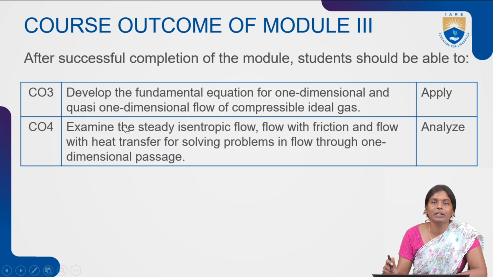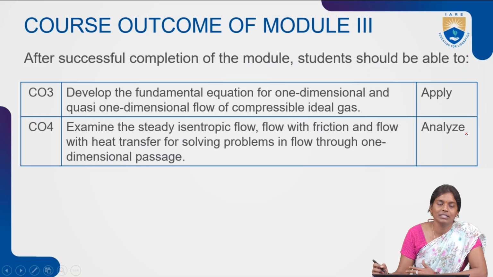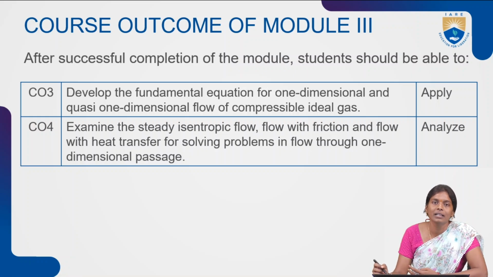It means that the Bloom's taxonomy level is that the student will have the capacity to analyze the flow. Whatever knowledge he has gained from that module, he will be able to analyze how the flow behaves for solving the problems in a one-dimensional passage.